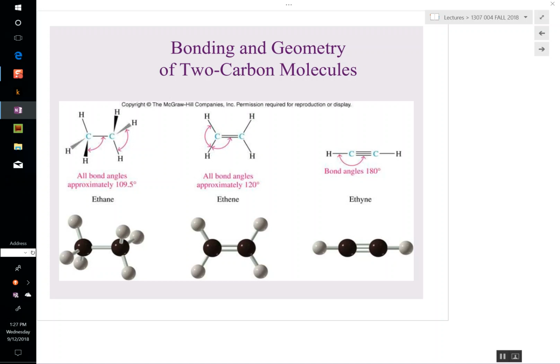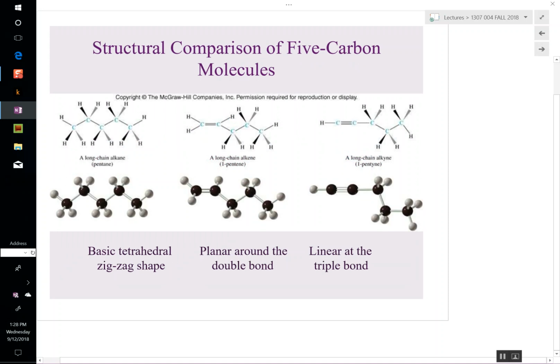You could get a sheet of paper and all of those would be on the paper. There wouldn't be a hydrogen sticking up above it and below it. So it is planar, at least around the double bond. The triple bond is linear. 180 degree bond angle here. 180, 180. That's what we're talking about here. Bond angle of 180 degrees.